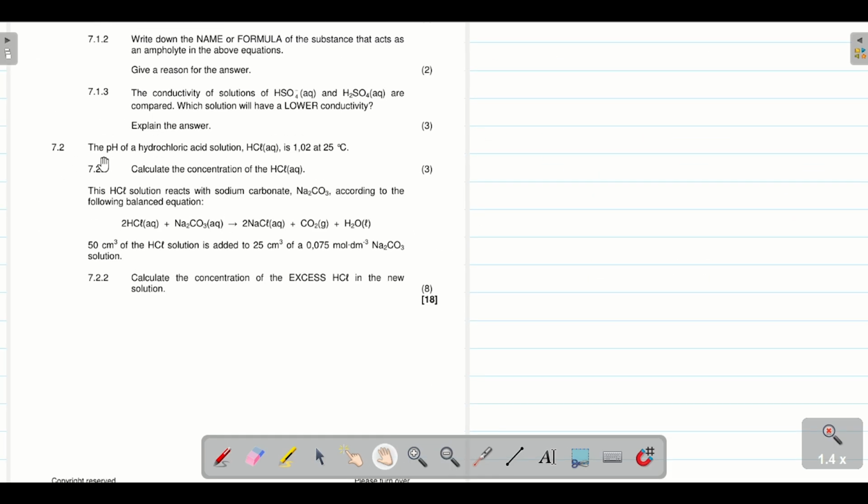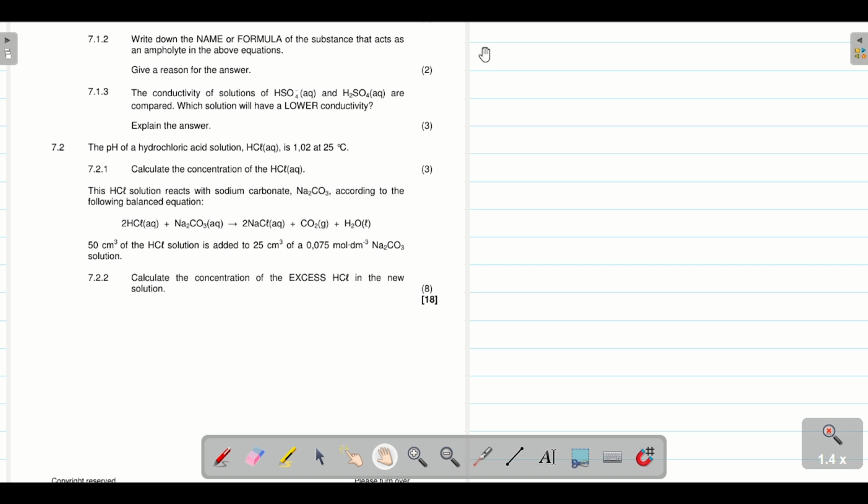In 7.2, they state that the pH of a hydrochloric acid, HCl, is 1.02 at 25 degrees Celsius. And then they ask us to calculate the concentration of the hydrochloric acid in 7.2.1.